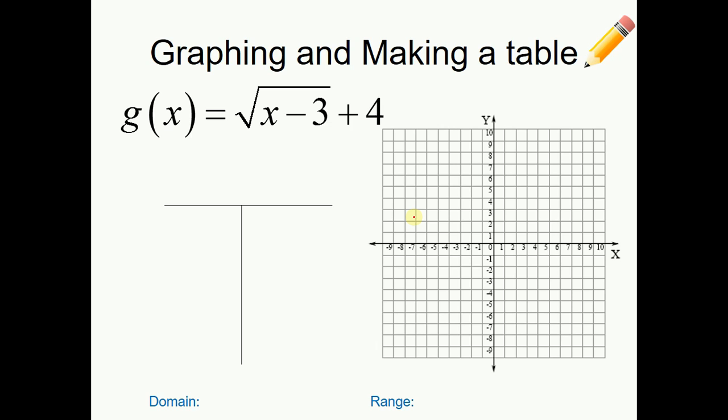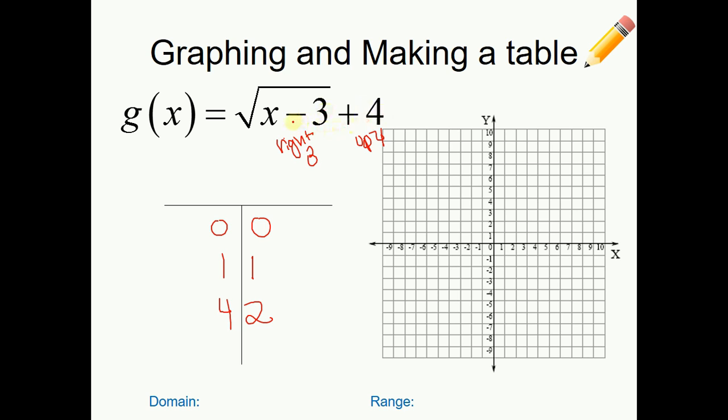Let's start here. So let's try making a graph and a table. Let's first start with our parent table. Now we're not going to do that whole -1 thing because that's going to be an NA, right? So let's start with the starting graph. 0, 0, 1, 1, and 4, 2. Now I've got to look at my graph here. What's going on? Well, it looks like we're going right 3 and up 4, right? Because remember, inside the radical made you go backwards from what you thought it normally would.